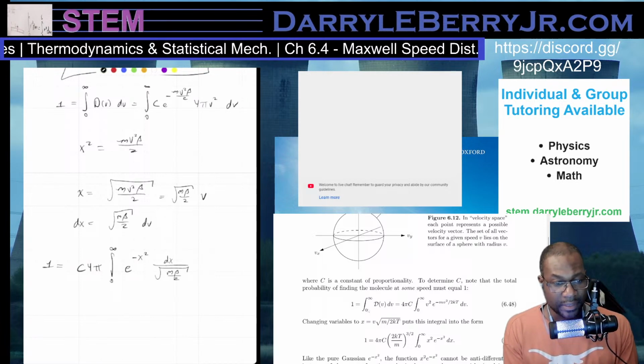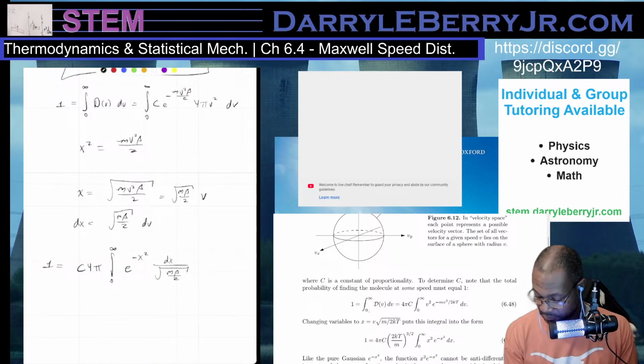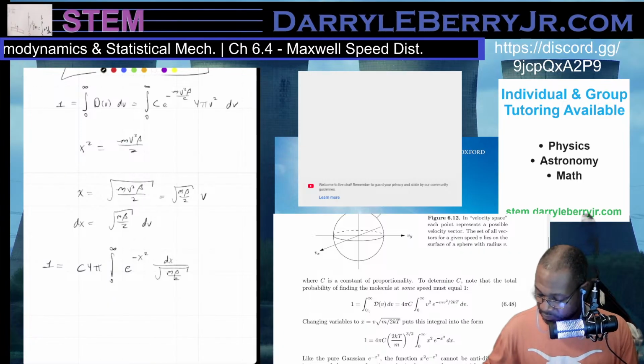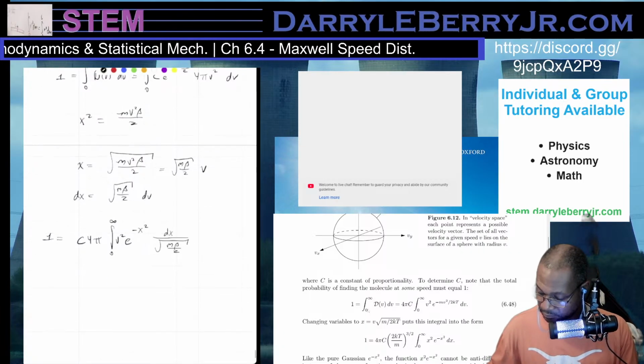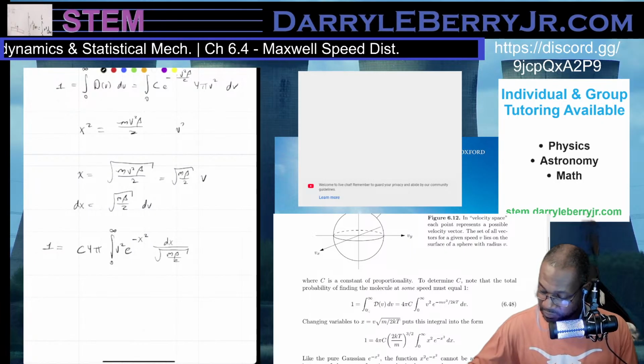I'm not sure why their change in variable is different. Oh, I see. Off my v squared here. So v squared equals 2x squared over mb.